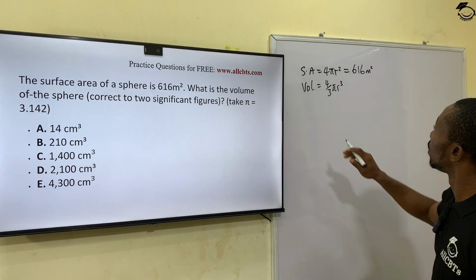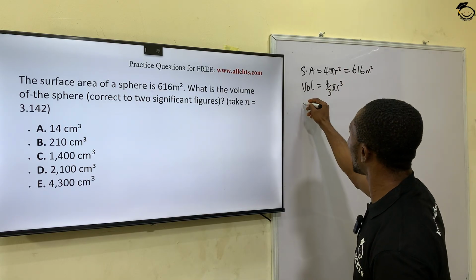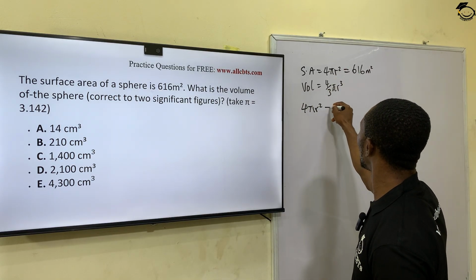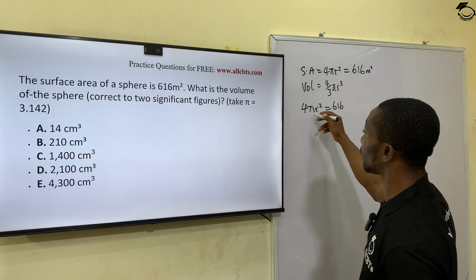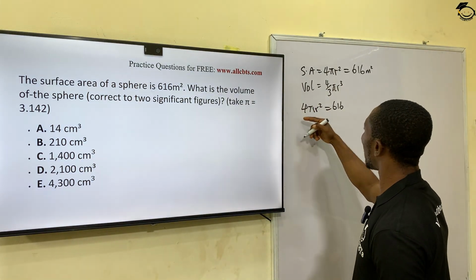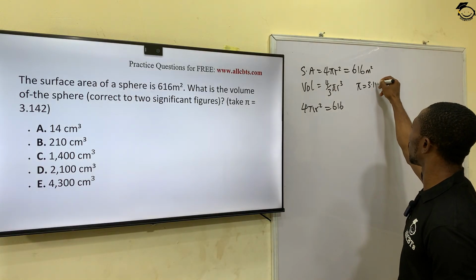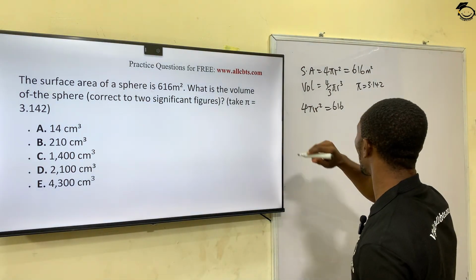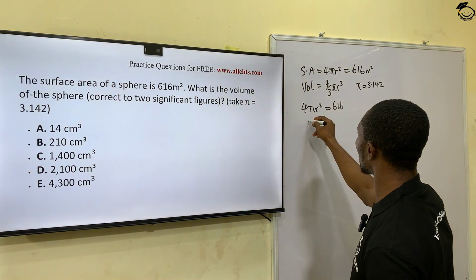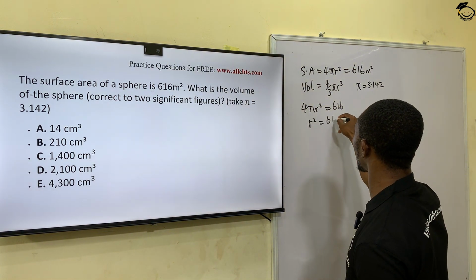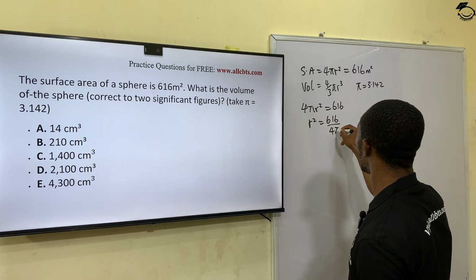Okay, now from our surface area we have 4 pi r squared equals 616. So we can find the radius of our sphere since we're asked to take pi to be 3.142. All right, so from here we have r squared equals 616 divided by 4 pi.